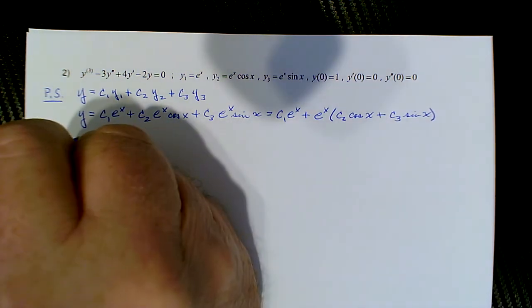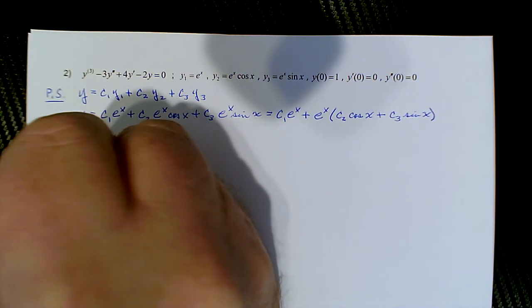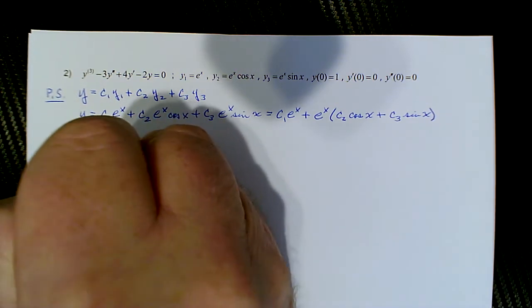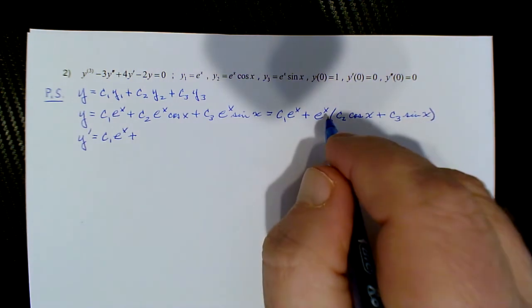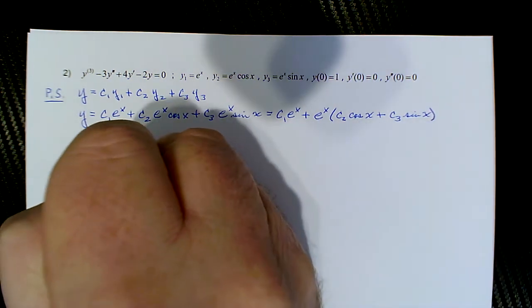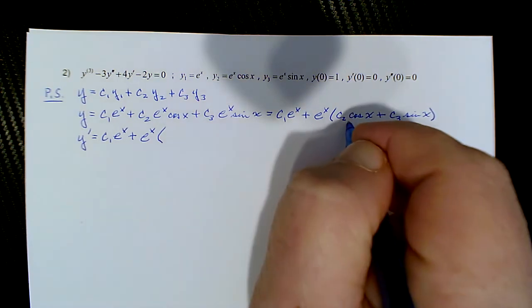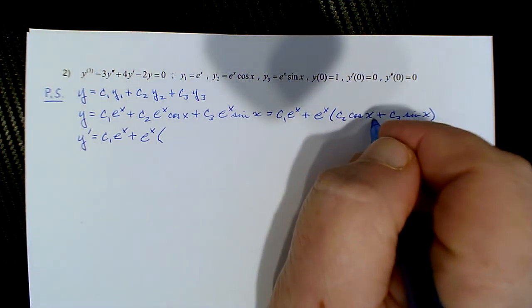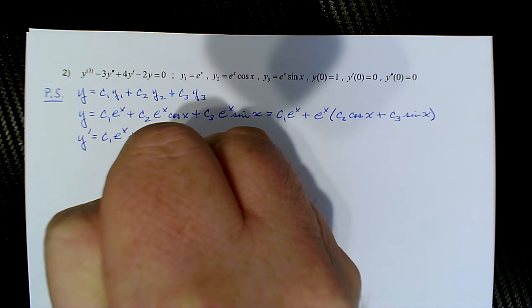So y prime would be c1, the derivative of e to the x, plus, now we'll look at this factored form. First factor, e to the x, times the derivative of the second. The derivative of c2 cosine x, derivative of cosine is minus sine, so minus c2 sine x.